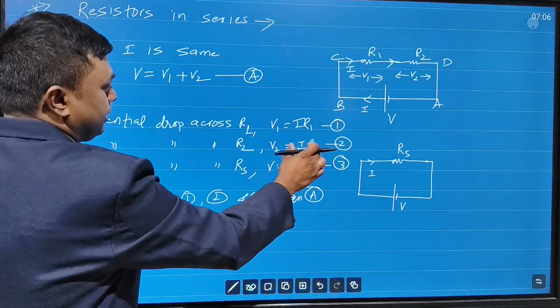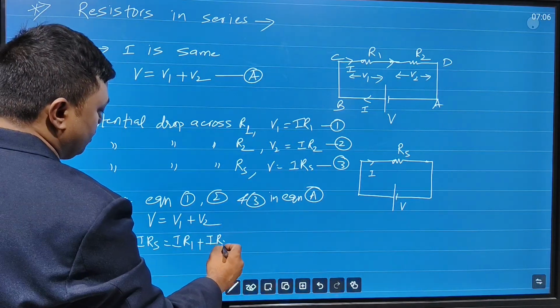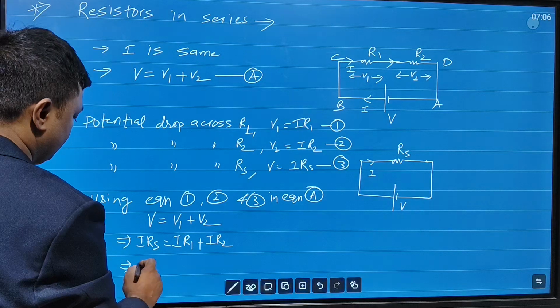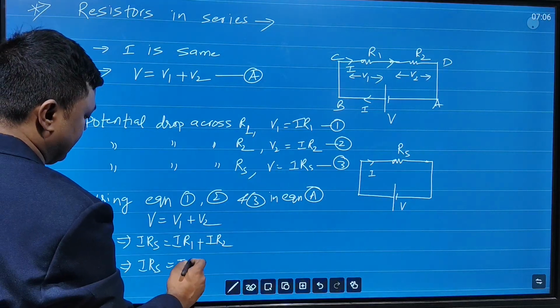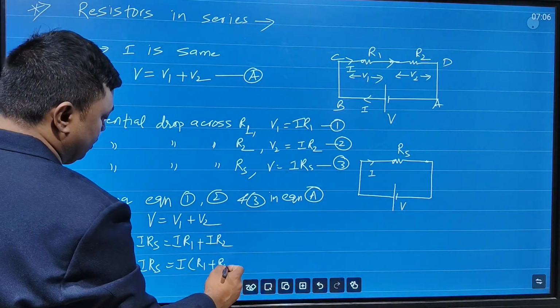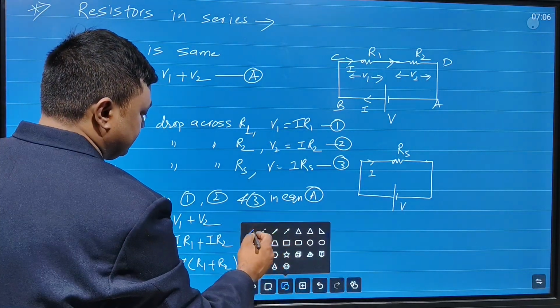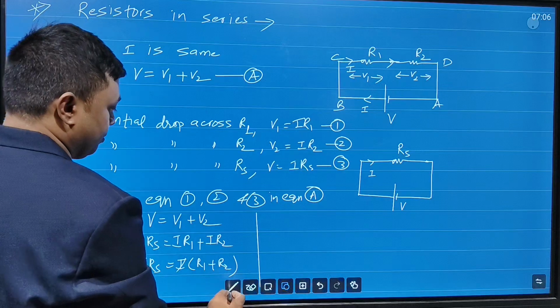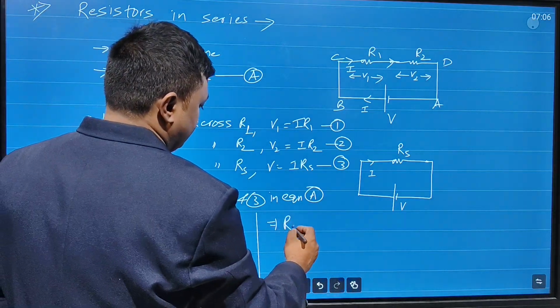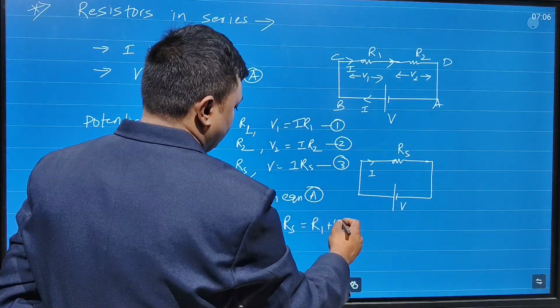What is V2? V2 is nothing but I into R2. Now you can take I common. I into RS equals I into R1 plus R2. Here I gets cancelled. So we are getting finally RS is equal to R1 plus R2.